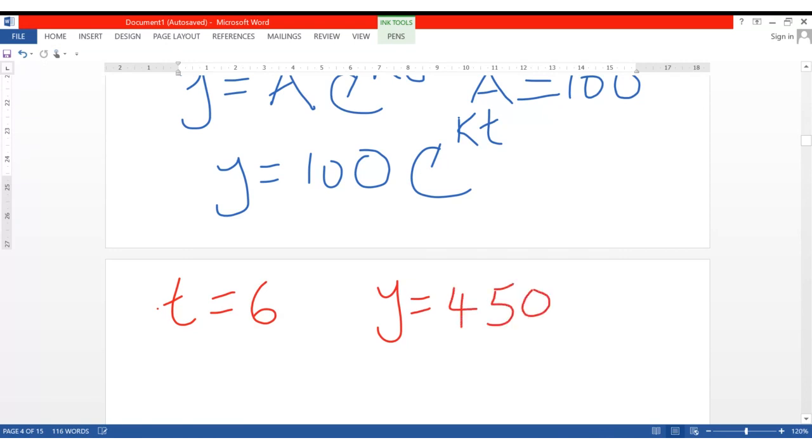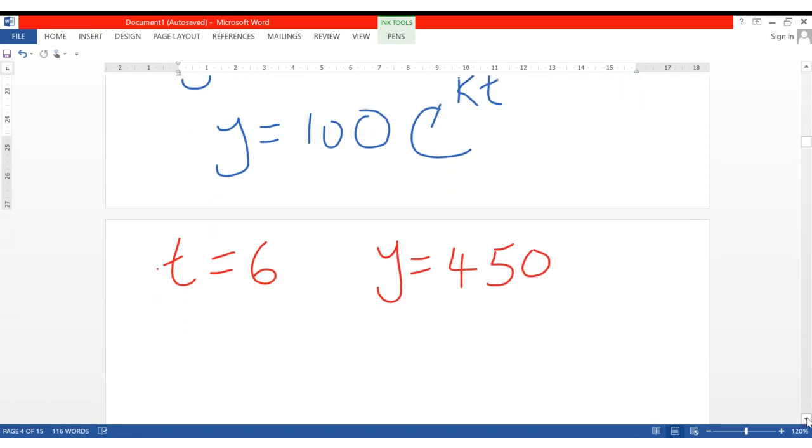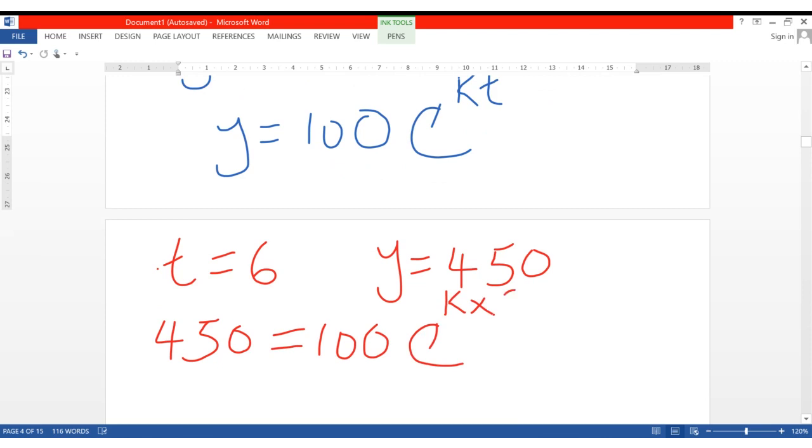So I replace y in this equation. Where there's a y, I replace with 450, and then it is equal to 100 exponential k, and the value of t is 6, so I replace t with 6.